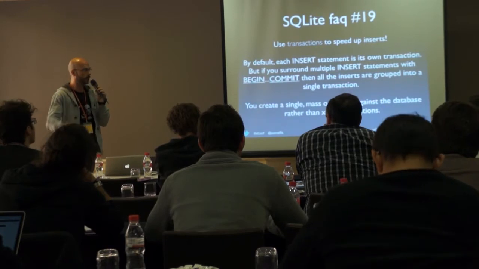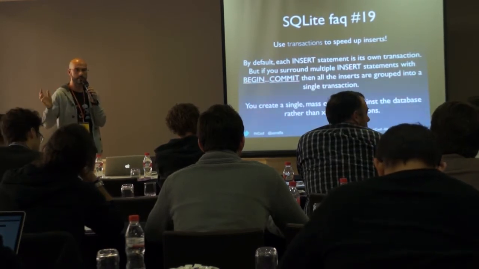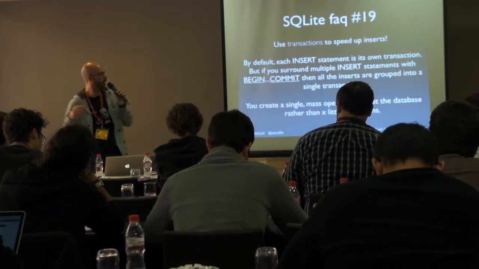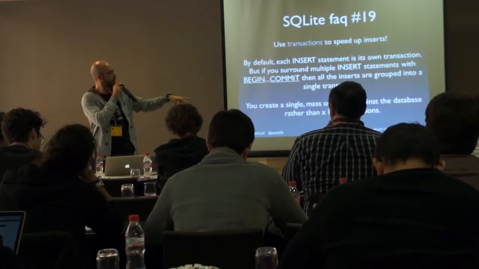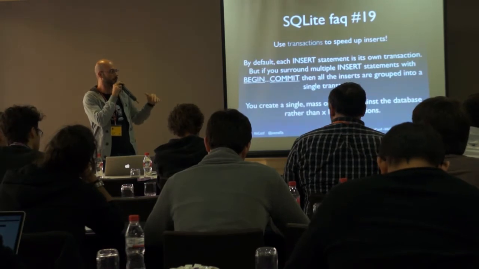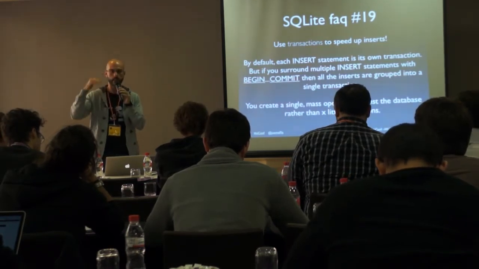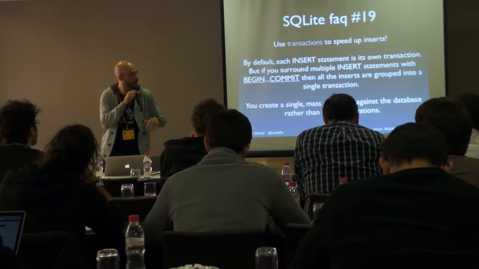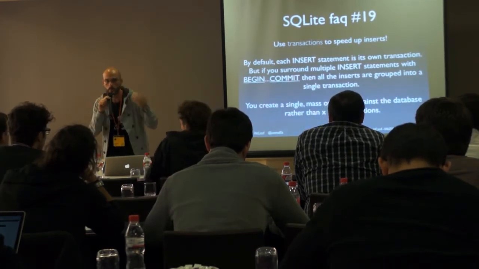If you think about even 50, 60 inserts, you speed up the whole thing quite dramatically. As written here, you create a single massive operation against the database rather than 10, 20 little ones. And the cool thing, as I was mentioning before, is that SQLite has this concept of rollback.